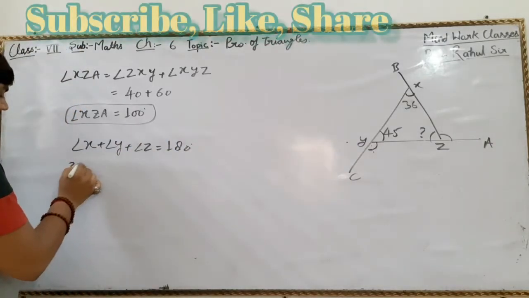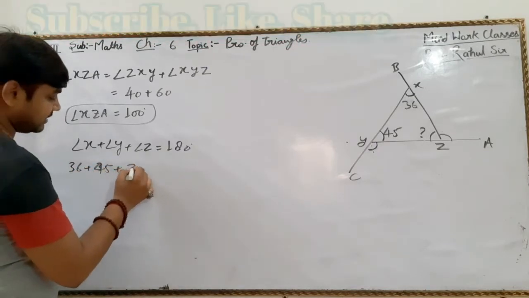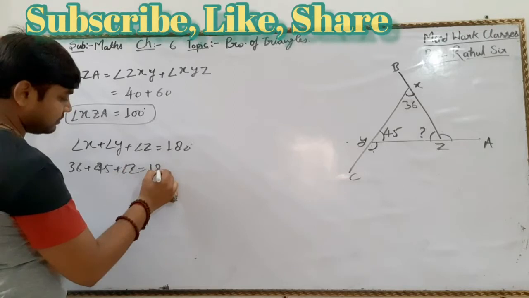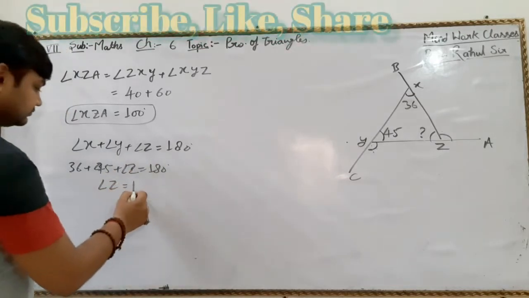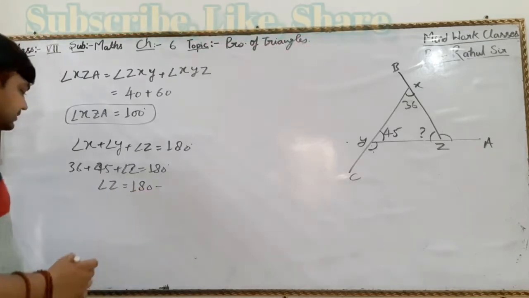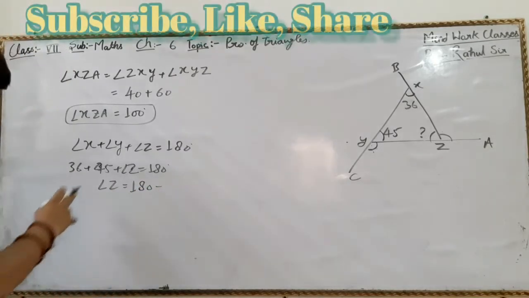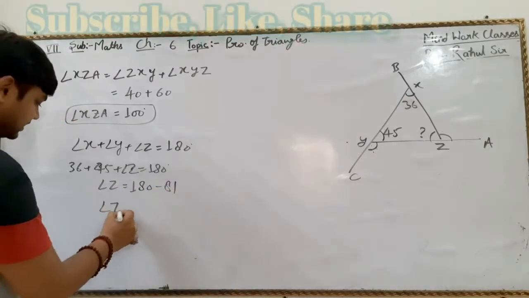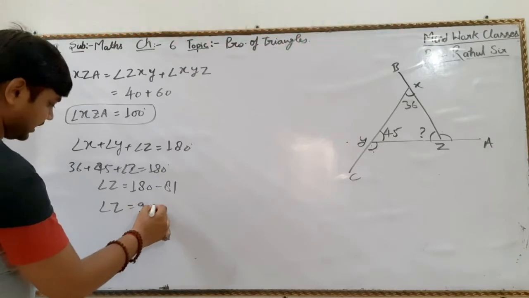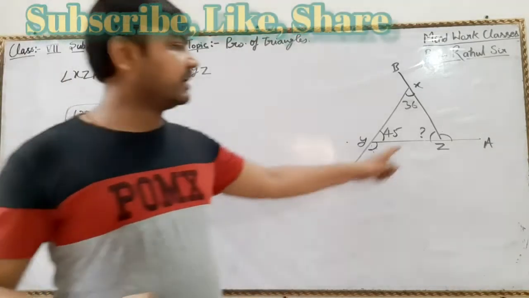Angle X is given 36, angle Y is given 45, plus angle Z is equal to 180 degree. So angle Z is equal to 180 minus 81. So angle Z will be equal to 99 degree. So we find this angle.